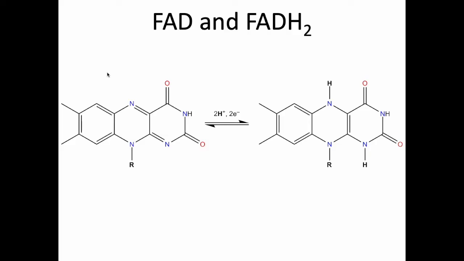Pause your screen now and spot the difference. Or not. If you're curious, yep, there are the hydrogens that are passed along with these electrons. Again, we care about the electrons being passed. The hydrogens just sort of come along for the ride. But this is just another electron carrier carrying these valuable electrons.